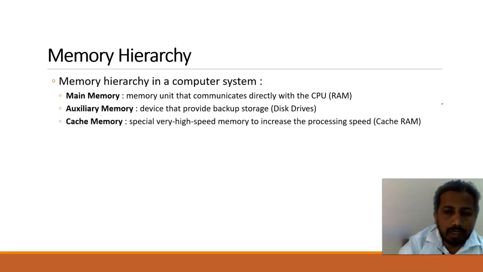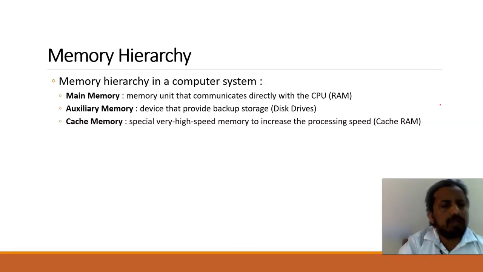Then there would be other memories like auxiliary memory, such as disk drives, or cache memory, which is used for storing intermediate data. Auxiliary memories can also be devices like magnetic tapes. That would be discussed in the subsequent classes.